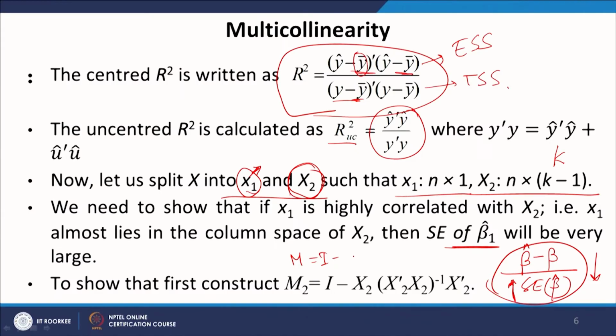I defined one orthogonal projection matrix M, which was I minus x into x prime x inverse x prime. Similarly, I have the orthogonal projection matrix M2 defined in terms of x2: I minus x2 into x2 prime x2 inverse x2 prime.